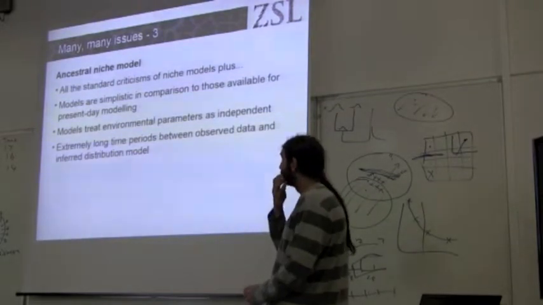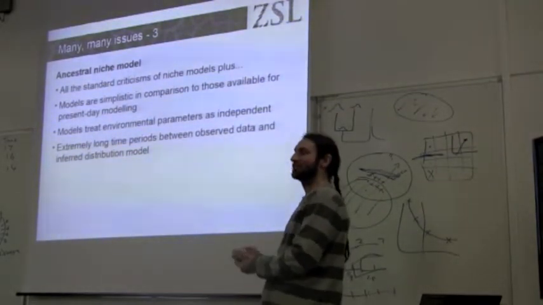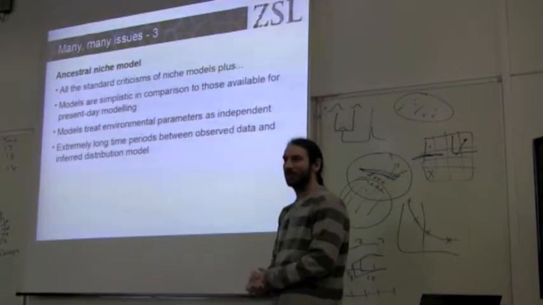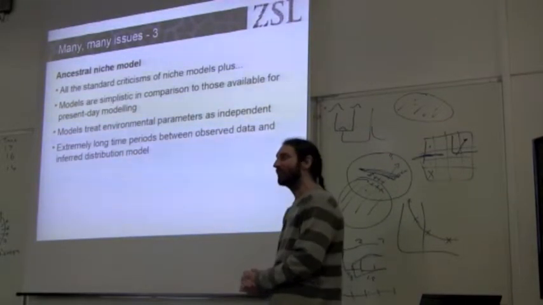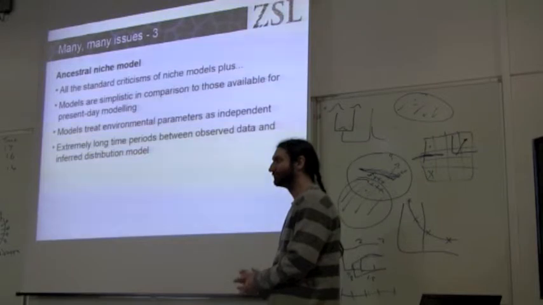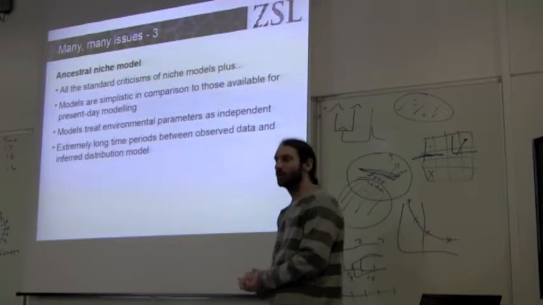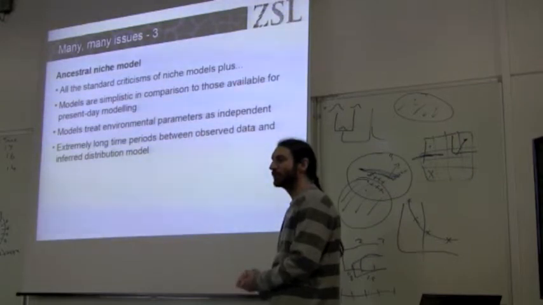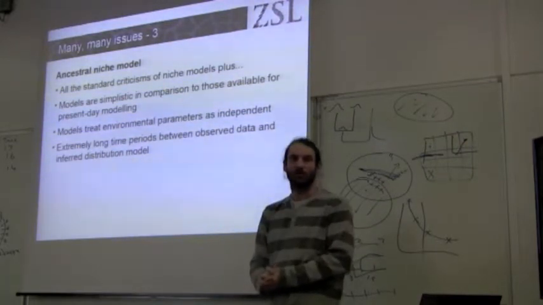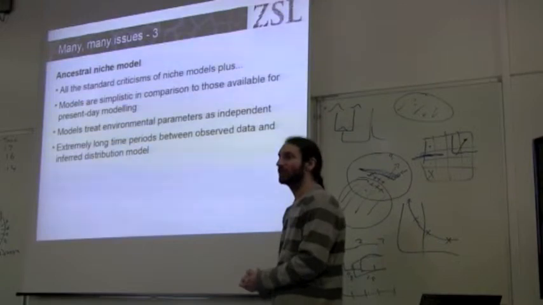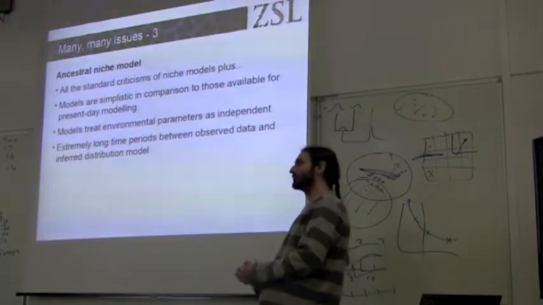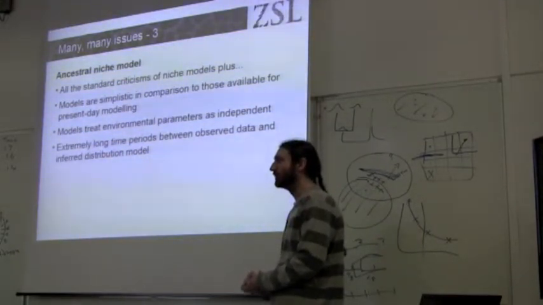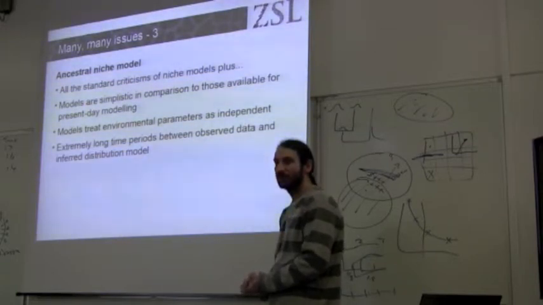Okay, so our niche model. All of the standard criticisms of niche modelling apply here. We have to develop a present-day model. But because of the restrictions that we have, we're using a relatively simple model. Okay, people tend not to use bioclim models, and we've talked about the reasons why not over the past 2 days.